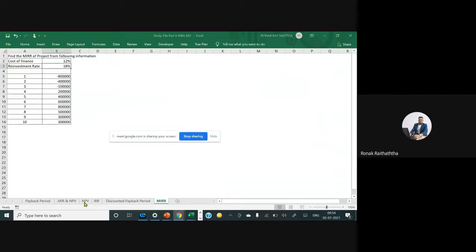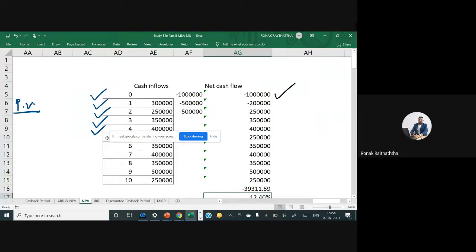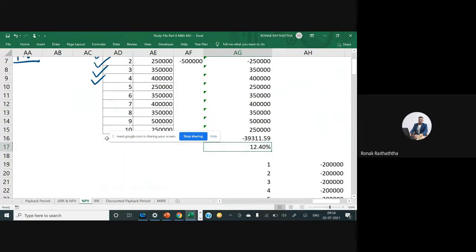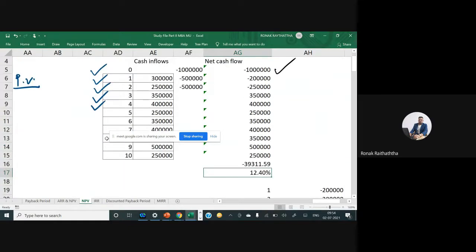When it comes to net present value, the interpretation was that at a specified rate of return, whether the project should be accepted or not. What was the acceptance and rejection criteria in the NPV? If the NPV was positive, we were accepting the project. If NPV was negative, we were rejecting the project.